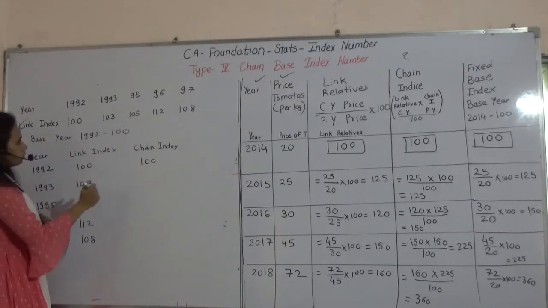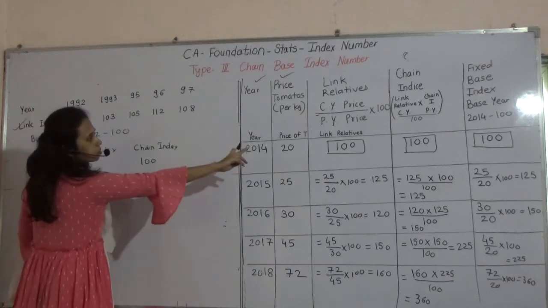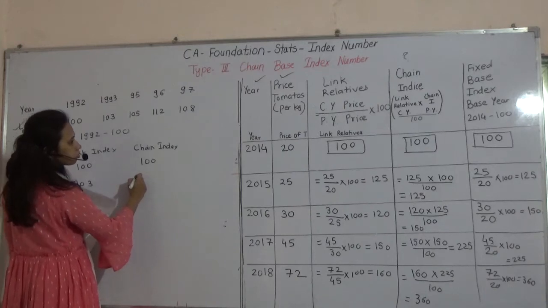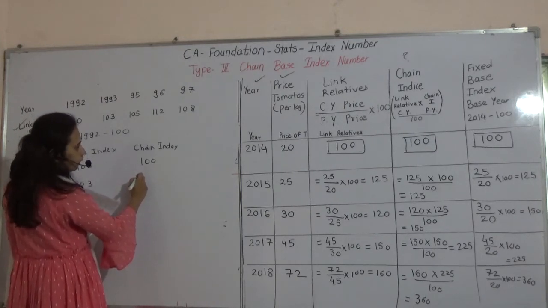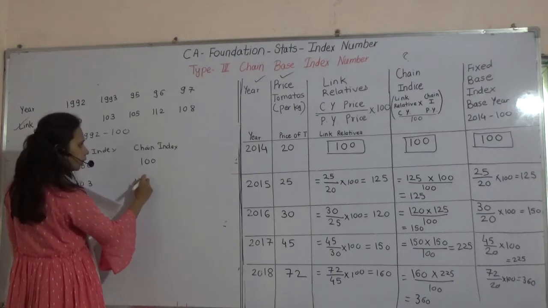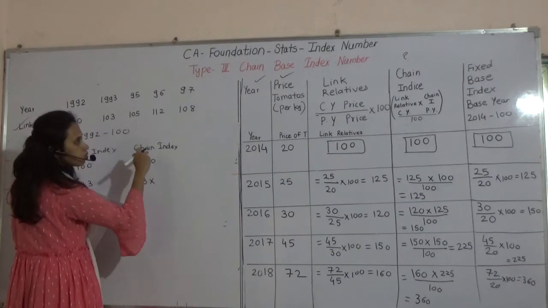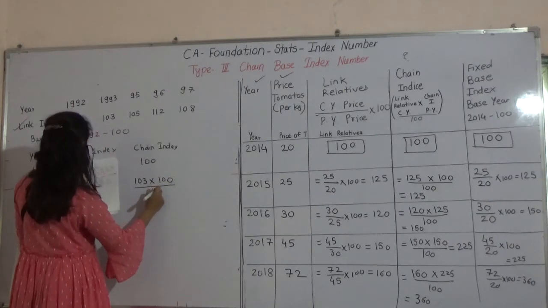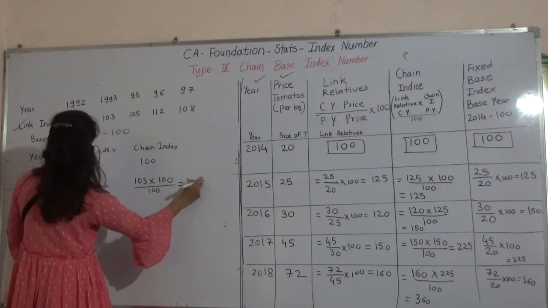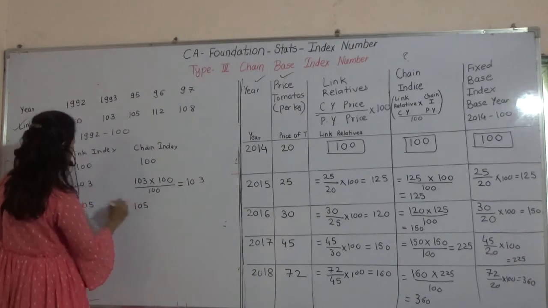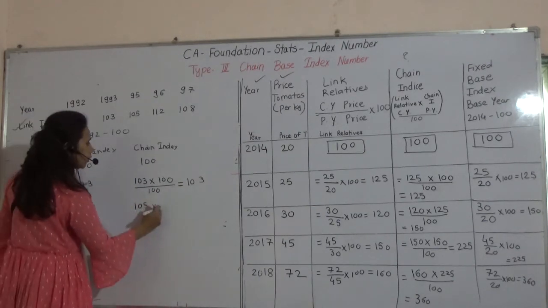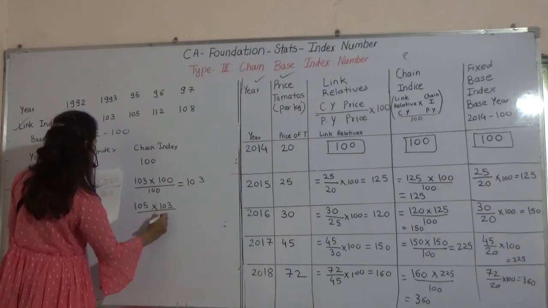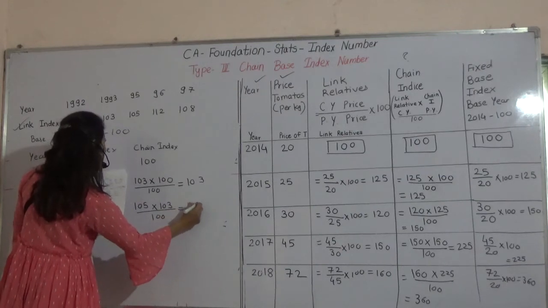So what I have done, 100 for the first, and for the calculation of the next, link index of current year into chain index of previous year divided by 100. Answer is 103. Link index of current year into chain index of previous year divided by 100 is equal to 108.50.